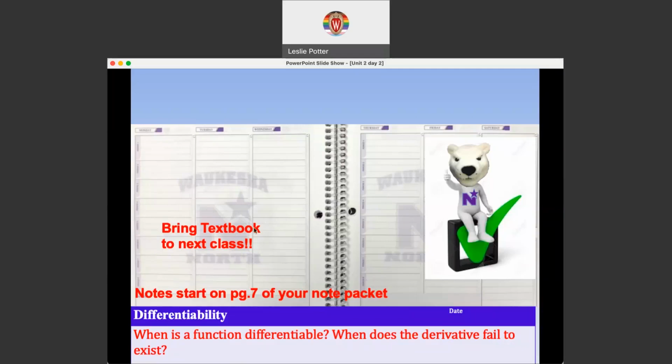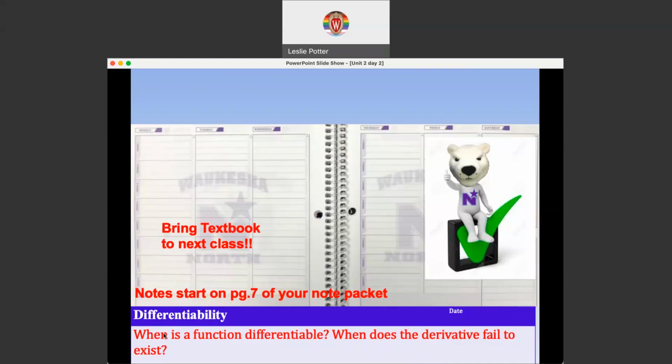Okay, so today's notes start on page 7 of your packet, and we're talking about differentiability. Differentiability is the ability to differentiate a function. We talked about the derivative, and we know that the derivative and the limit method are the same thing.